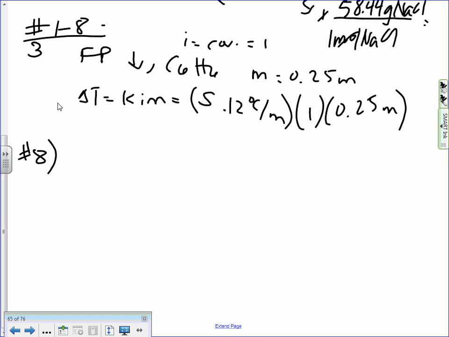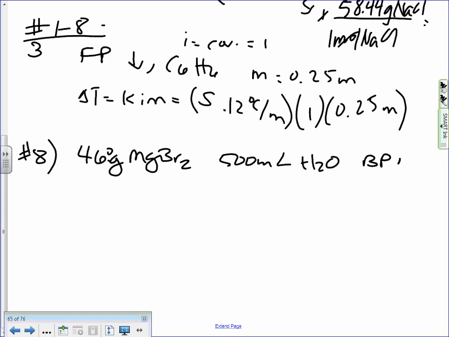If 46.0 grams of magnesium bromide is dissolved in water, what is the boiling point elevation and what is the new boiling point? Well, you're not the only one, because there are other people who need help on this one. So if you have the solute given to you of magnesium bromide, go ahead and tell me the I factor. 3, because you have 1 magnesium and 2 bromines to make 3 total.